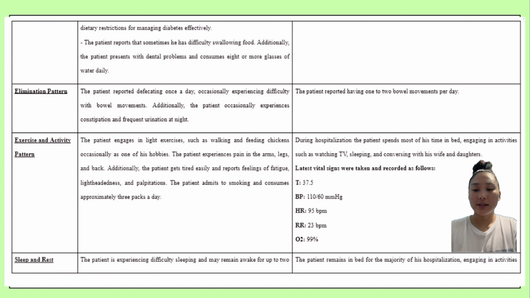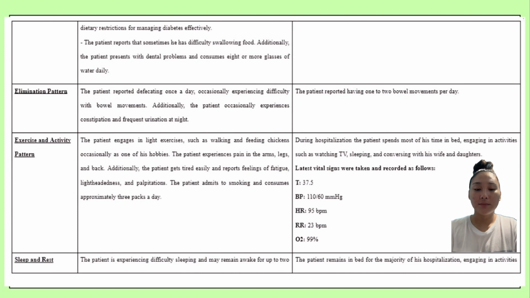And next is exercise and activity pattern. So before hospitalization, the patient engages in light exercises such as walking and feeding chickens occasionally as one of his hobbies. The patient experiences pain in the arms, legs, and back. And additionally, the patient gets tired easily and reports feelings of fatigue, lightheadedness, and palpitations.